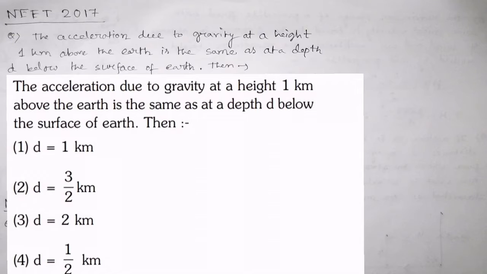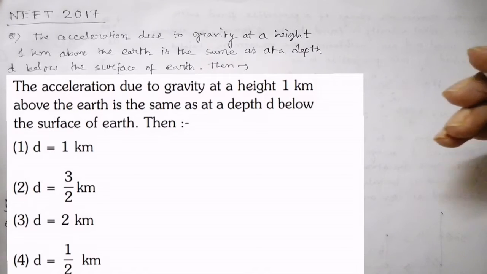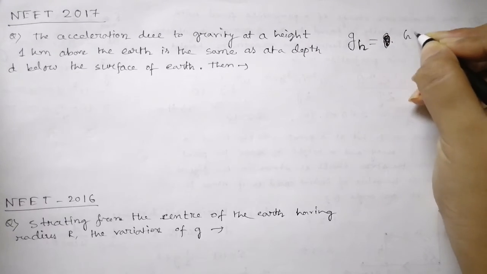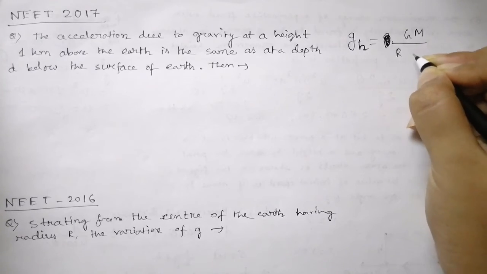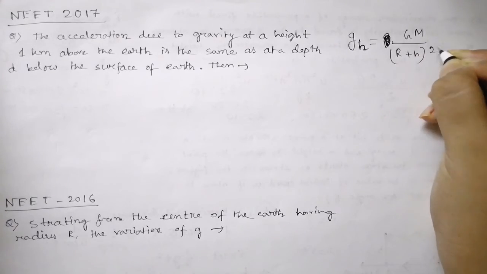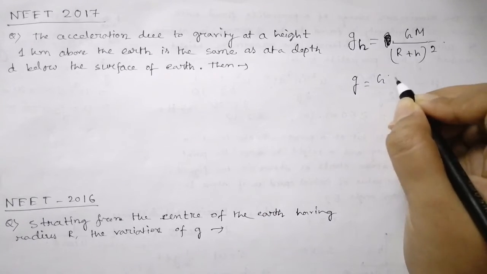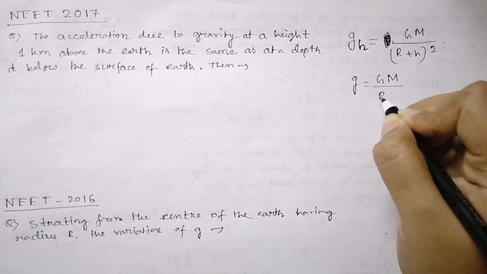Next, NEET 2017 question. The acceleration due to gravity at a height 1 kilometer above the earth. Okay. The acceleration due to gravity at a height h is given by G M divided by R plus h whole square. And what is g? g is the acceleration due to gravity at the surface, G M by R square.